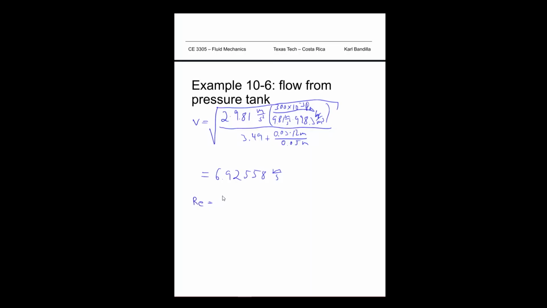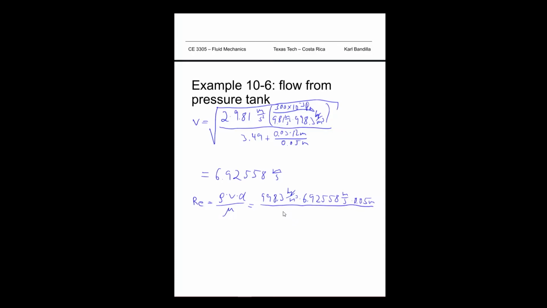Re is rho times V times D over mu. We already looked up what the density is, 998.3 kilograms per cubic meter. Velocity we just calculated, 6.92558 meters per second. The diameter was 0.05 meters.